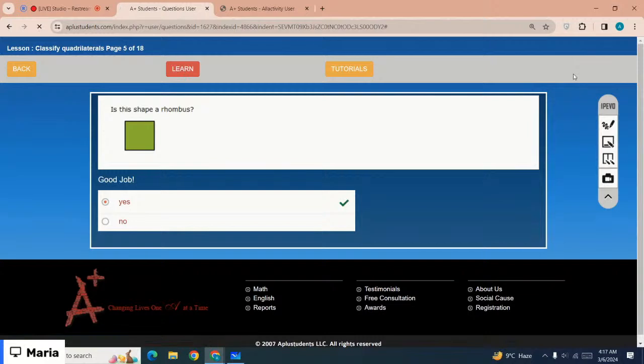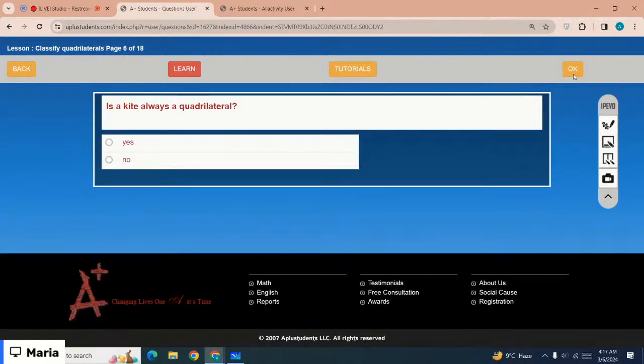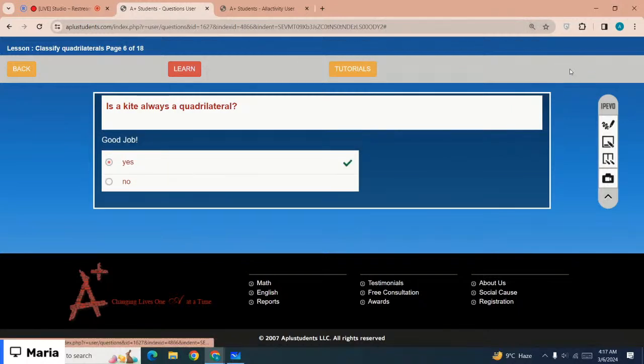Okay, the next one is, is a kite always a quadrilateral? The correct option is yes, because a kite is always a four-sided shape, so yes, a quadrilateral. A kite is always a quadrilateral.